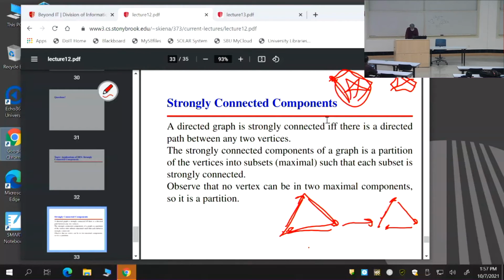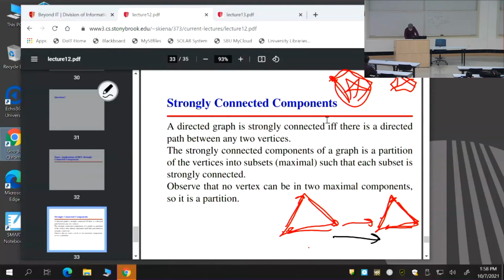But what happens if I start over here and drive this way? Is there any way for me to get home? Absolutely not. You have to sell your car because there's no way to legally drive back to where you started from. So the notion of what connected means for a directed graph is more complicated than for an undirected graph. In fact, just about everything in life is more complicated for a directed graph than an undirected graph.